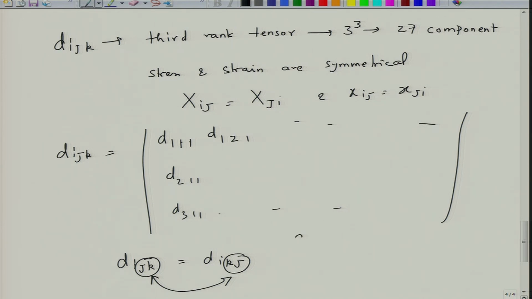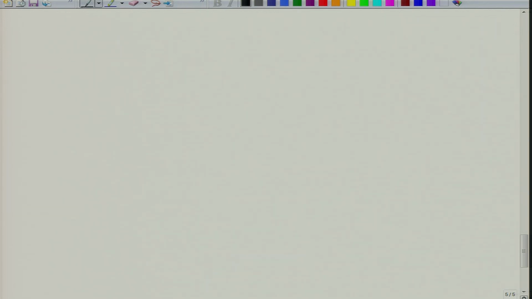Something like d123 will be equal to d132, right. All these components will become equal. So, we can say that the total number of components reduced from 27 to 18. They can further be reduced by crystal symmetry depending upon the type of crystal and so on and so forth. We also looked at examples of materials.